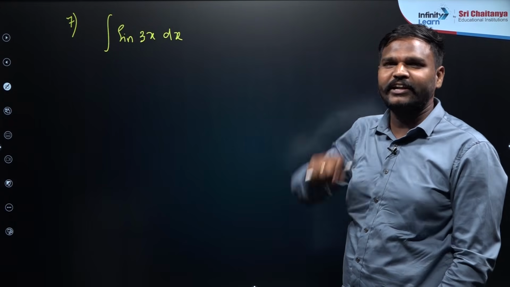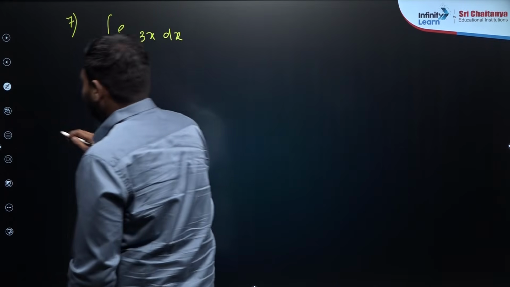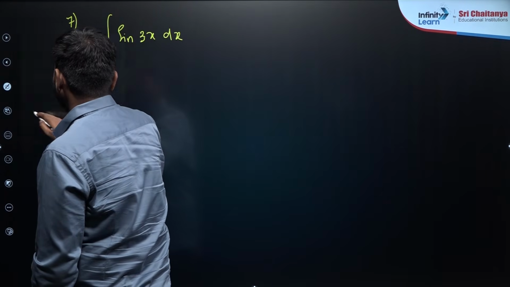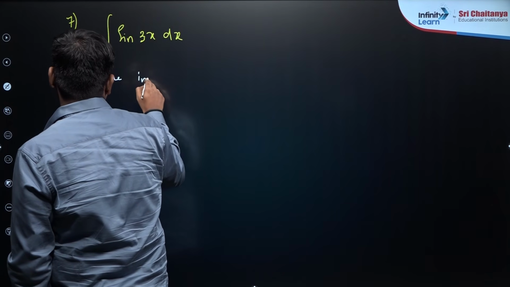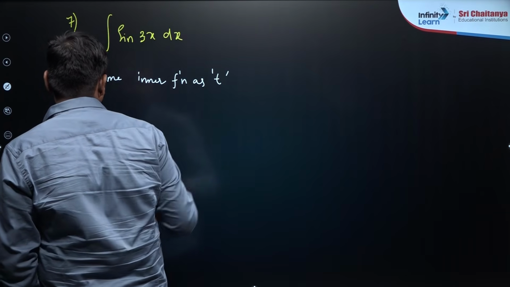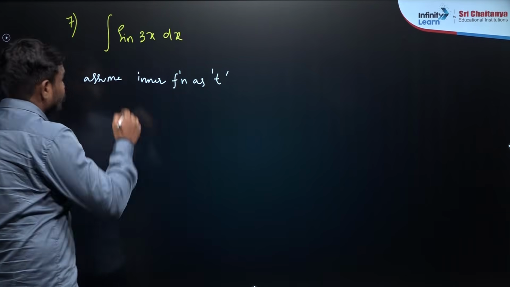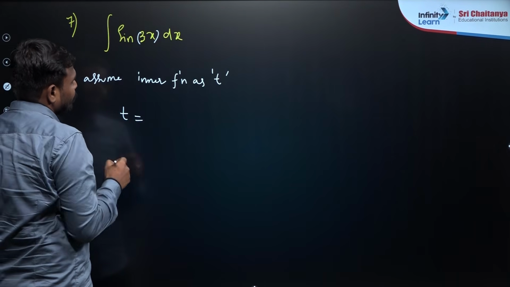Chain rule we have done in differentiation, same story here. Assume the inner function as a new variable t. So t is equal to, who is the inner function? 3x.